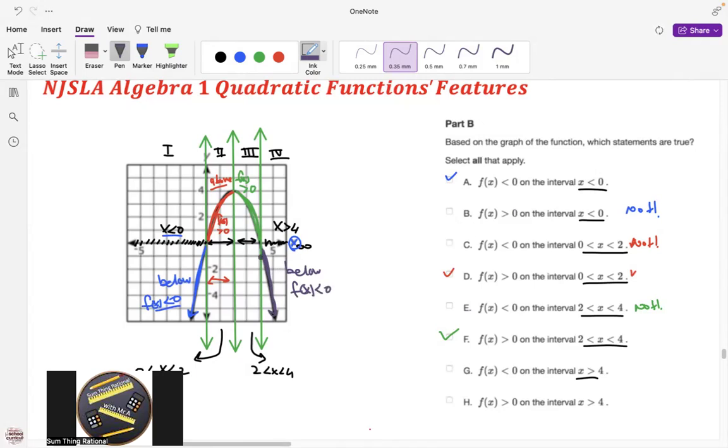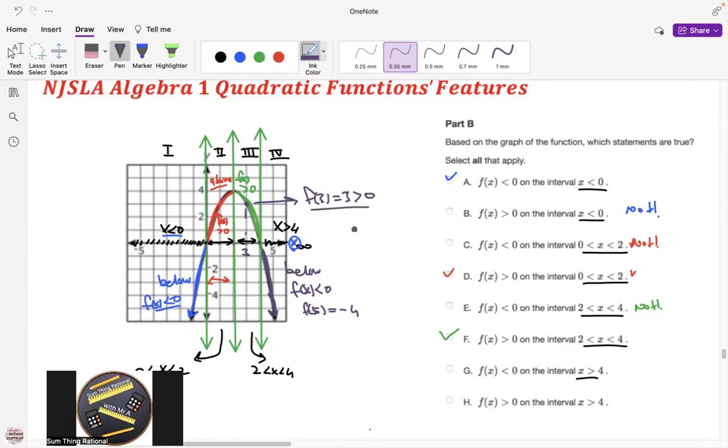How do we understand? For example, f of 5 is somewhere here, like negative 4. Or here, for example, 1, 2, 3: f of 3 is somewhere at 3. So in the green third region, f of 3 is about 3, which is bigger than 0.